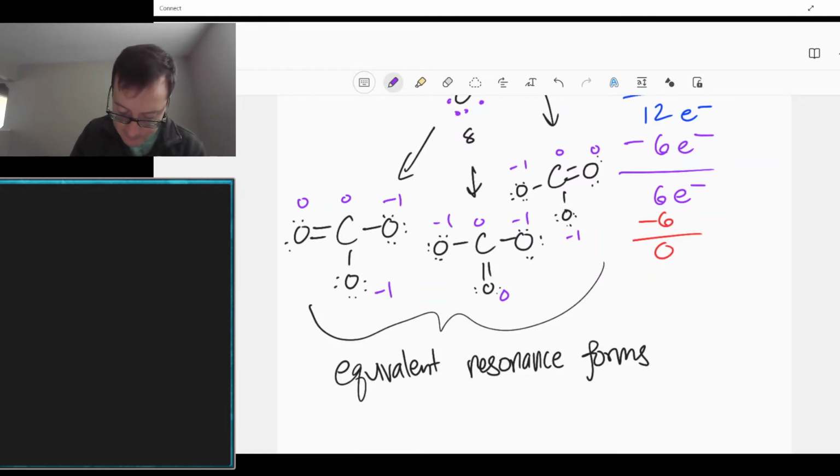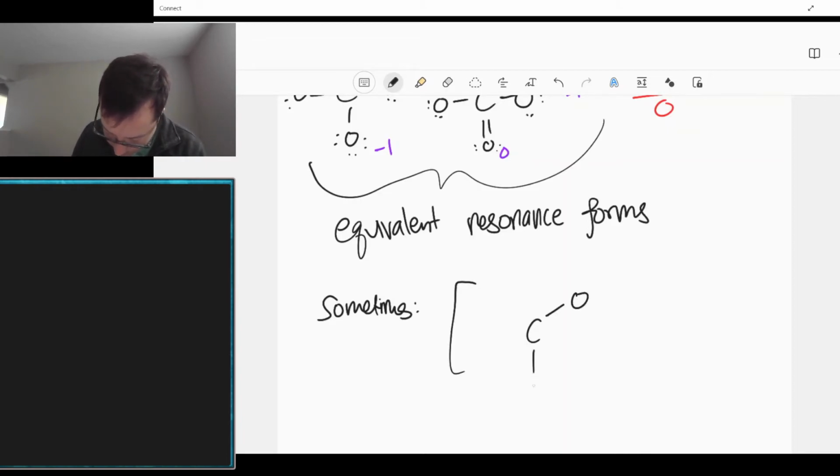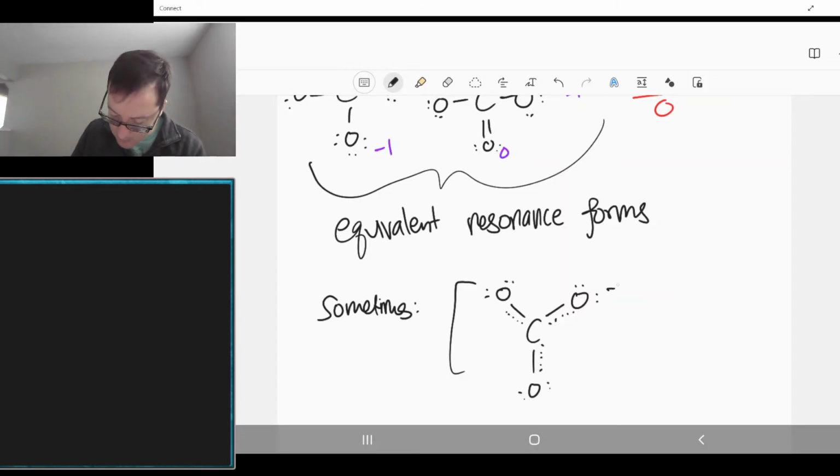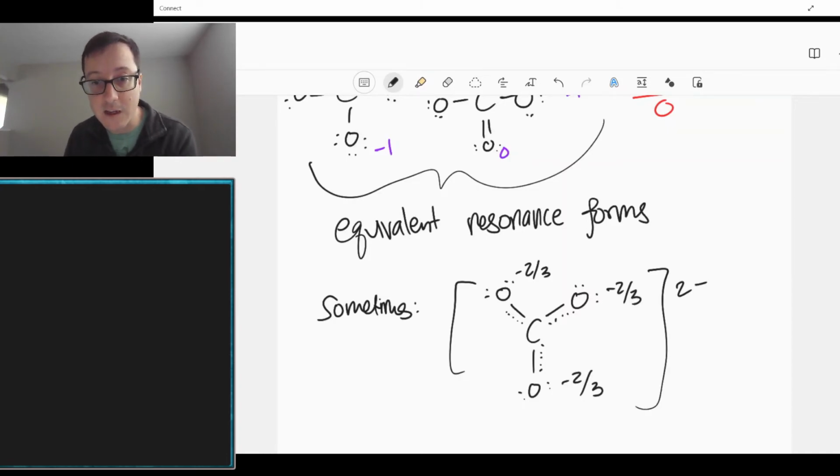We're going to see that these three combine, that you'll sometimes see it. Sometimes you'll see this thing drawn this way, where you have a -2/3 formal charge on each one, which gives you a total of -2 overall.